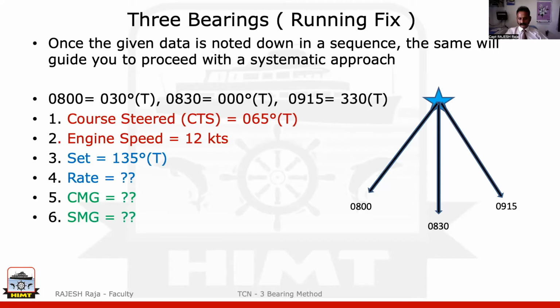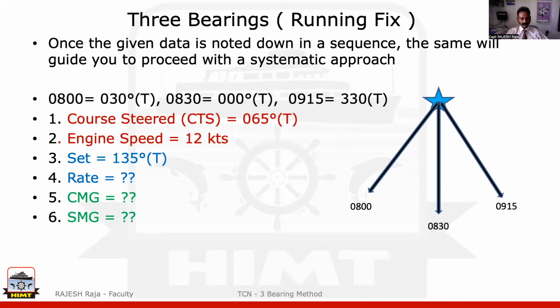So if you look at these data which I have written in a sequence, it is going to help you go in a systematic approach. Why? Because these 6 data, if you combine them in twos, you can see I have color coded. They represent each as a vector. So number 1 and 2 is a vector, 3 and 4 is a vector, and 5 and 6 is a vector.